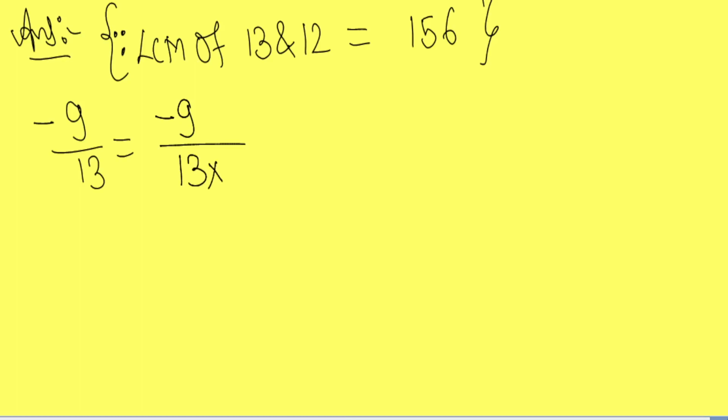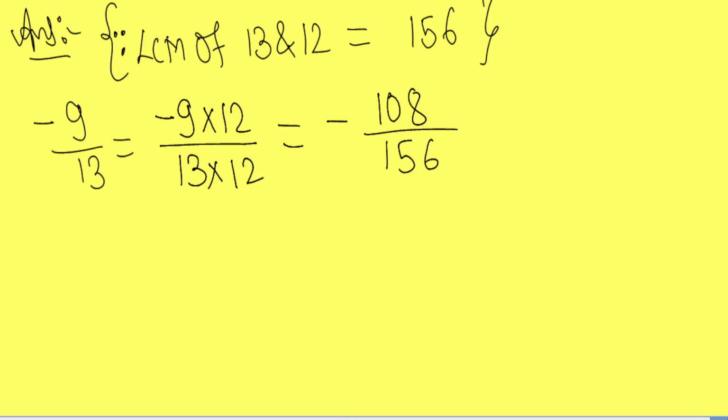So what will we multiply with 13 to get 156? 12. So here we multiply 12, and in the numerator also we multiply 12. So 12 multiplied by 9 is 108 upon 13 multiplied by 12 is 156.